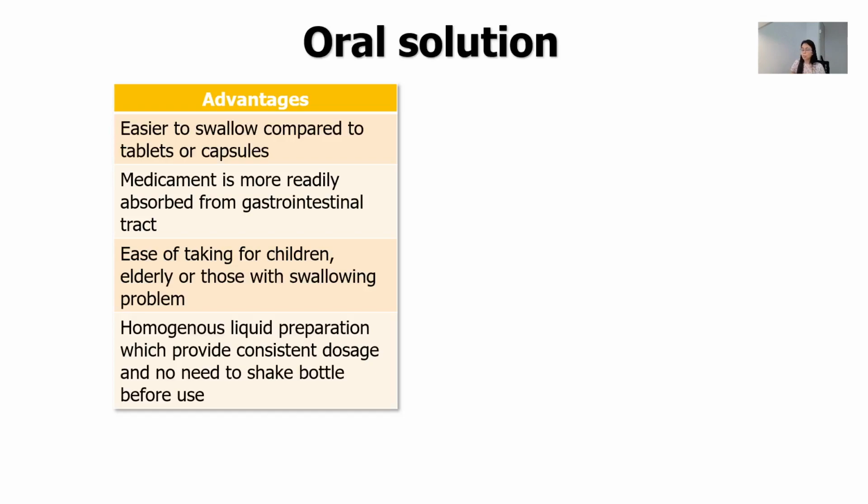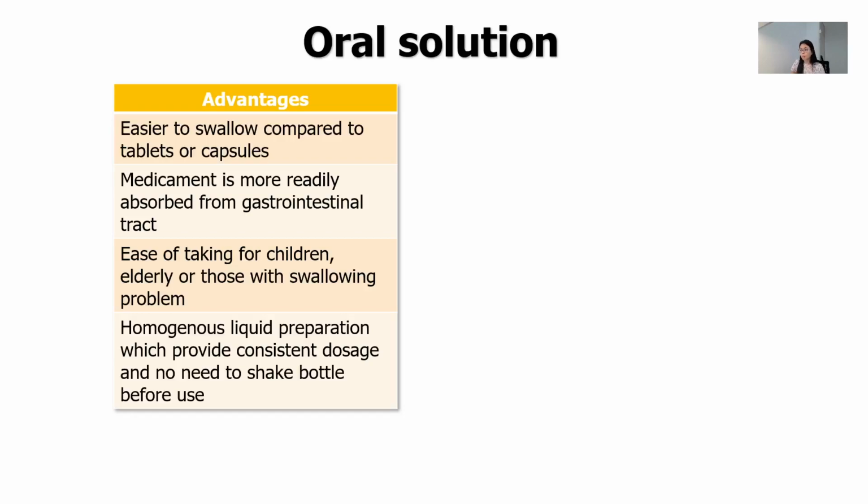Another advantage is that the medicament is more readily absorbed from the gastrointestinal tract because it is available as a solution already, so it is more easily absorbed. Oral solutions are also much easier to take for children, elderly, and other patients with swallowing problems, as I mentioned earlier.